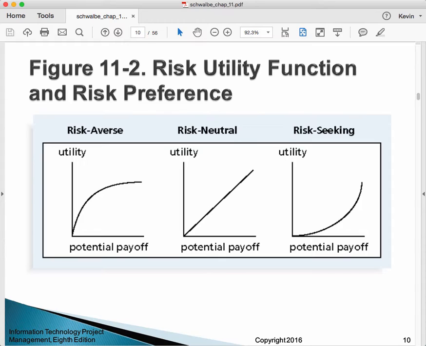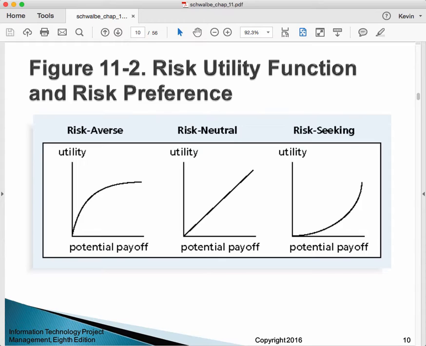Okay, so you see people who are risk seekers will take a relatively non-risky activity like playing golf, and they'll increase the potential payoff by betting on it. And then in between the people who are risk averse and the people who are risk seeking are people who are risk neutral.